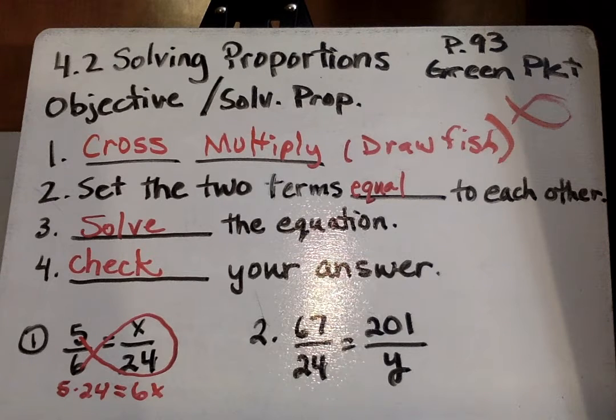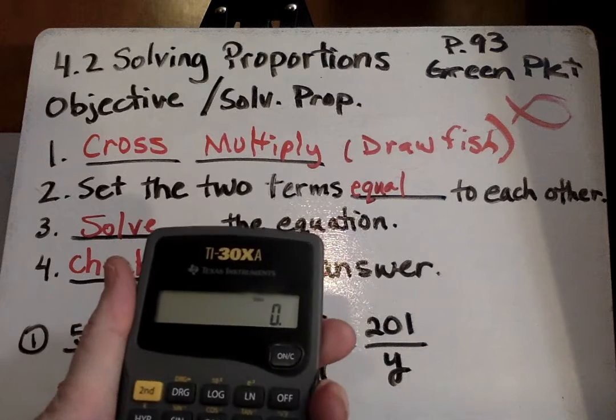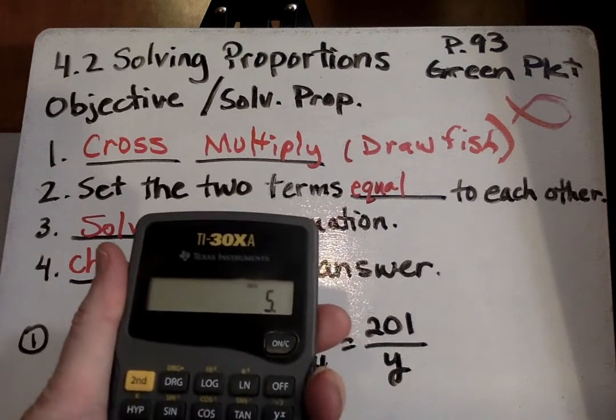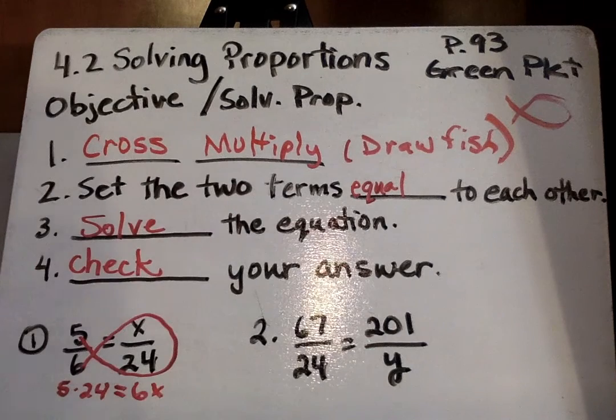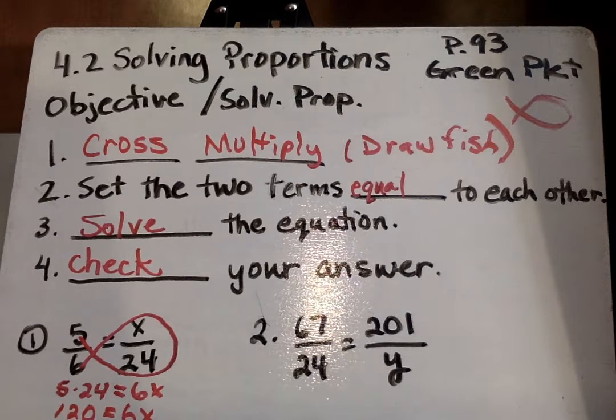Then I take my handy dandy calculator: 5 times 24 equals 120. So 120 equals 6x.